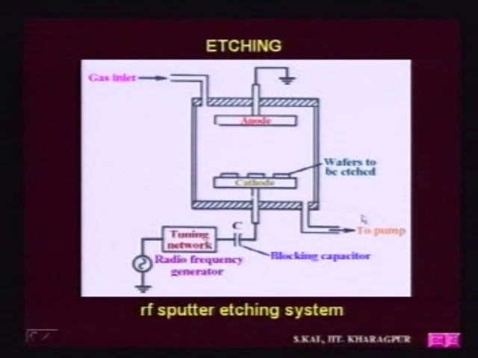All those parameters are also valid in this sputter etch system to decide the sputter etch rate. Sputter etch is sometimes used for cleaning silicon wafers before the actual etching process starts.